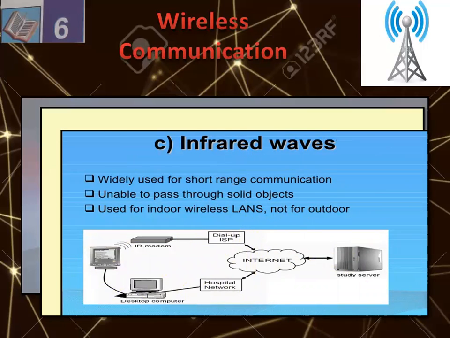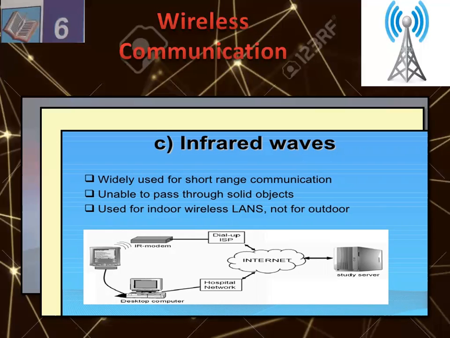Infrared waves are widely used for short-range communication, are unable to pass through solid objects, and are used for indoor wireless LANs, not outdoor. So infrared, basically IR waves, are extremely high frequency waves which are used for short-range communication.